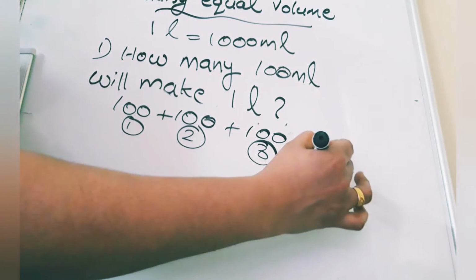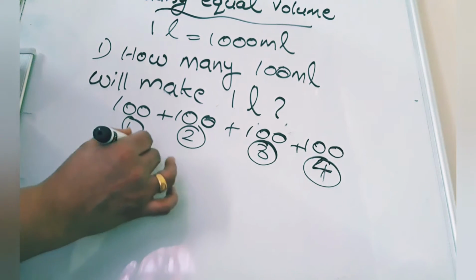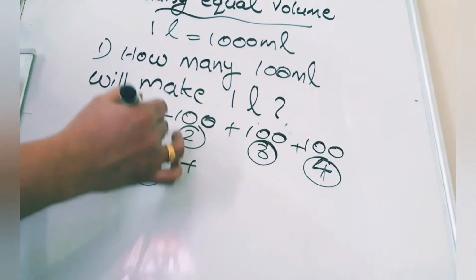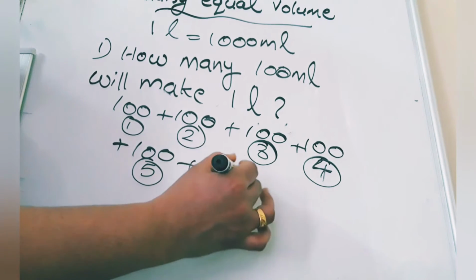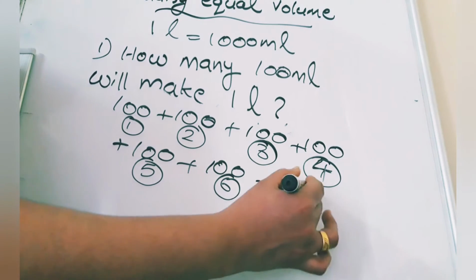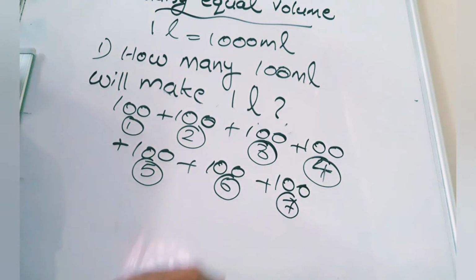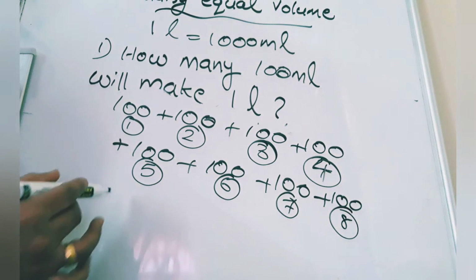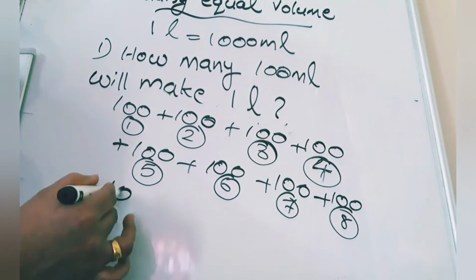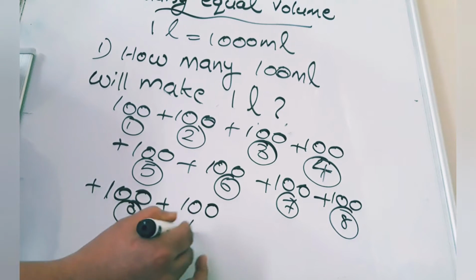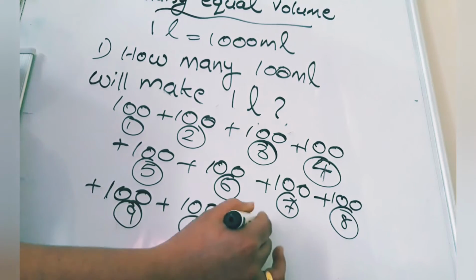Then 4 times. Then 5 times, 500 only. 5 times 100, 500. Right? Then 6 times, 6 times 100, 600. Now it is 600. This is 7th time, 700. Plus this 8th time, 800. Plus 9 times, 900. 10 times is equal to 1000.